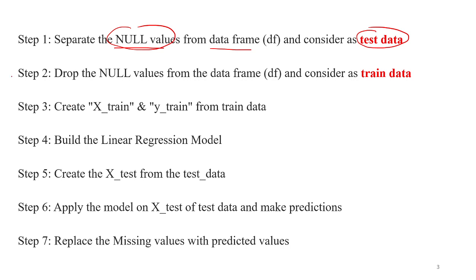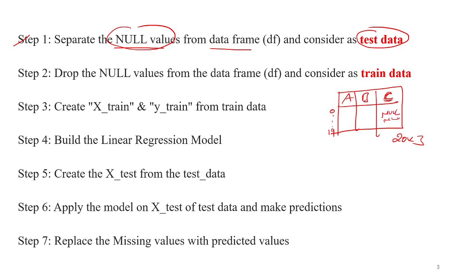Step 1 means, suppose this is the data frame. This data frame has three features: A, B, C. For example, the dataset shape is 20 by 3, rows 0 to 19. In this, feature C has some missing values, null values.